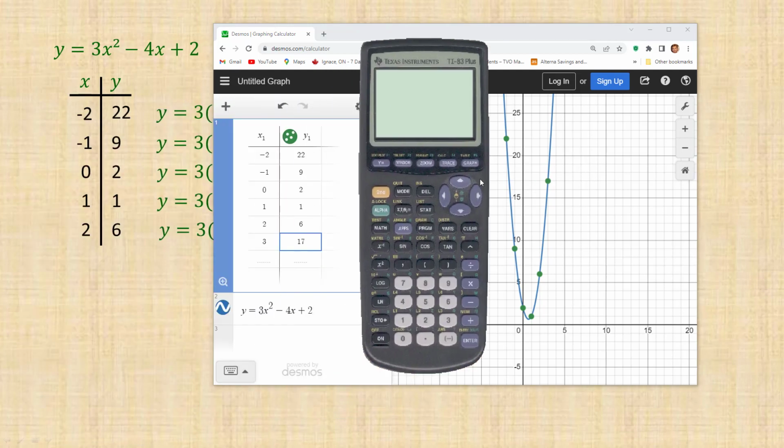And if I take my calculator and evaluate that, I'm putting 3 in place of x. So 3 times 3 squared minus 4 times 3, and then plus the 2 at the end. And it does work out to exactly 17. So that point satisfies the equation. It makes the left and right sides the same.